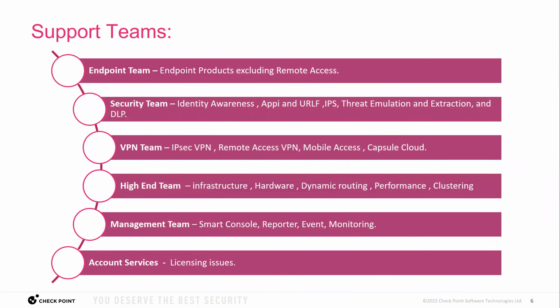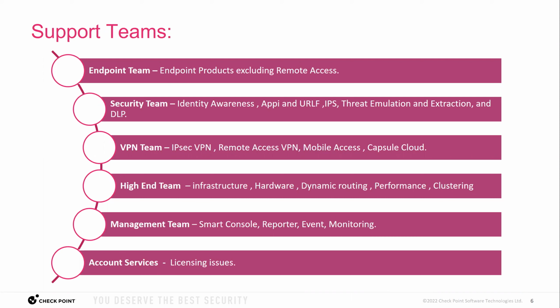Within TAC, we have different support teams, and depending on how big your environment is and what you have configured, we have a lot of different products. We have endpoint solutions for your desktop, or the firewall itself has multiple blades you can enable, like identity awareness, DLP, app control, VPN site to site, and then what we like to call the high-end team, which handles the basic kernel infrastructure for the firewall policy inspection, dynamic routing, and clustering.